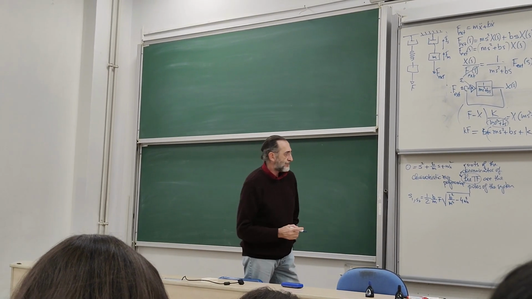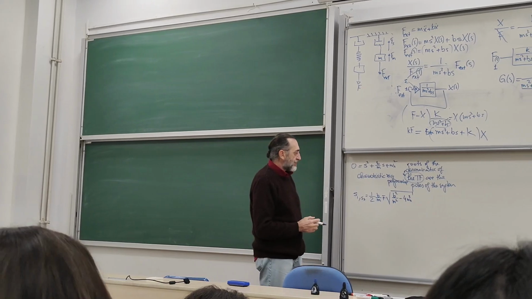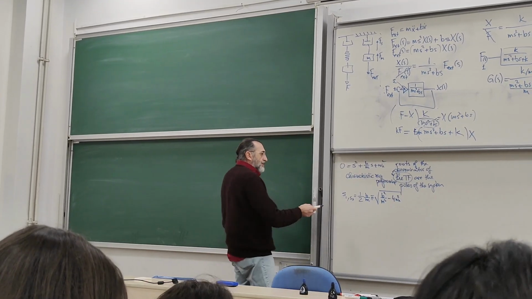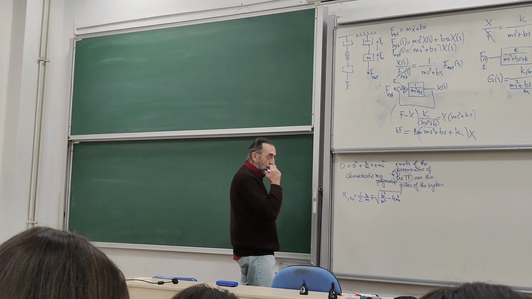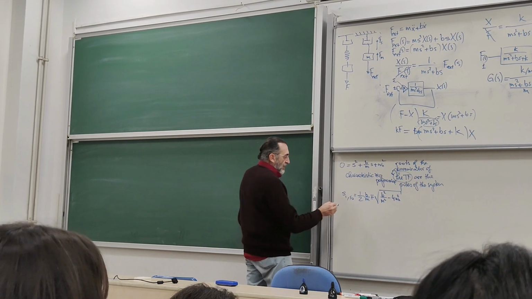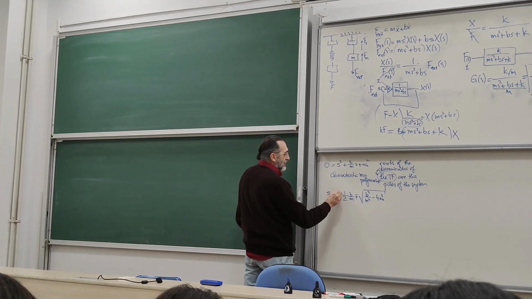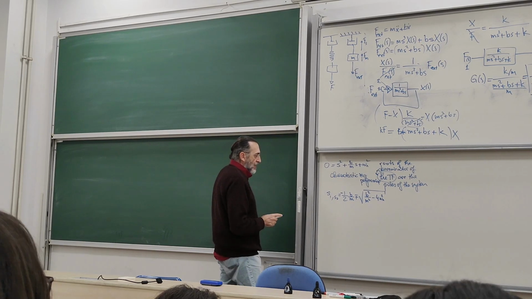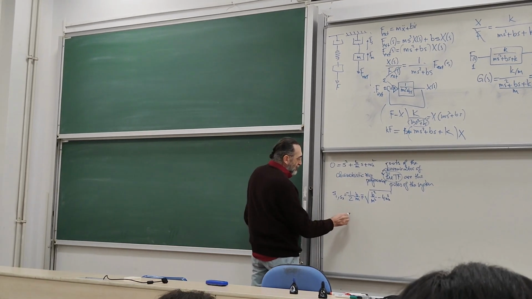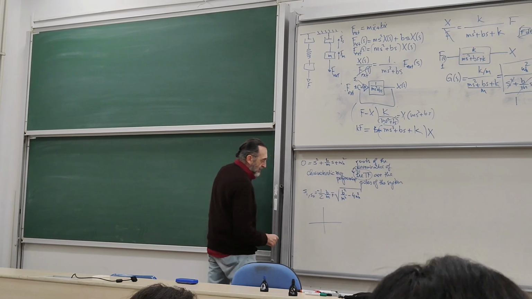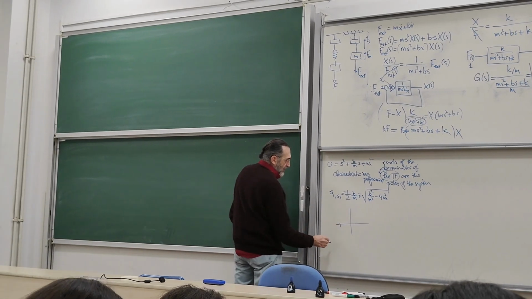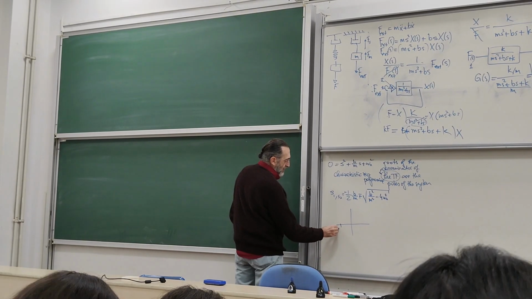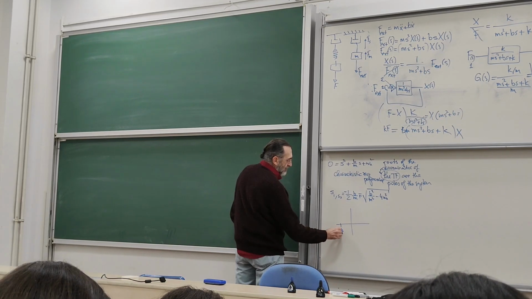Just high school algebra. Now the roots of the polynomial are situated in the S-plane at the point minus 1 over 2 b over m.